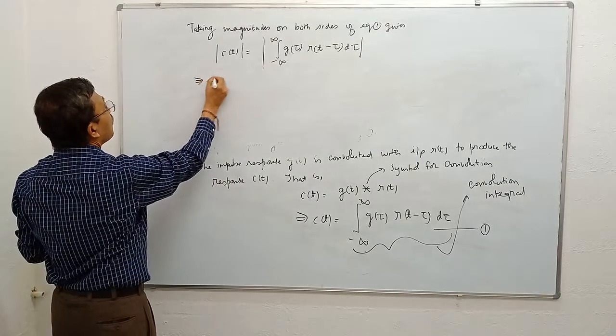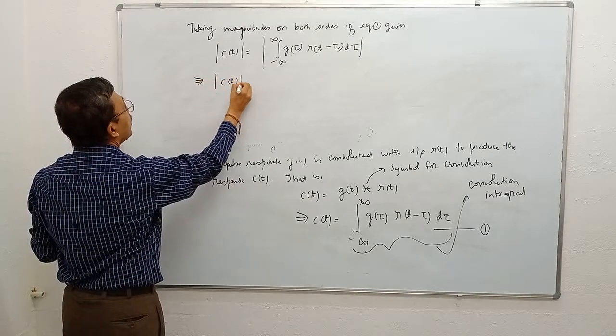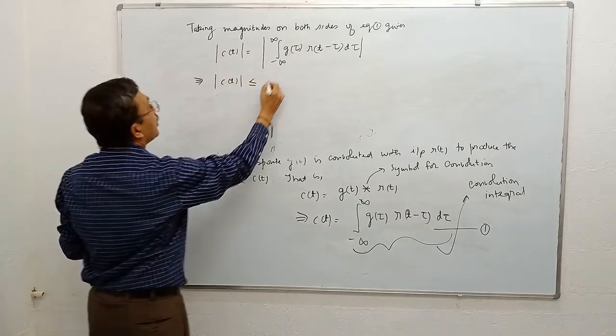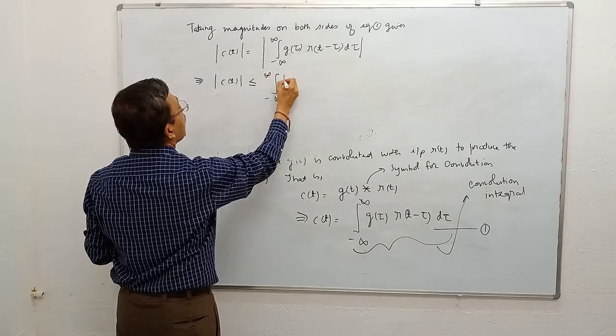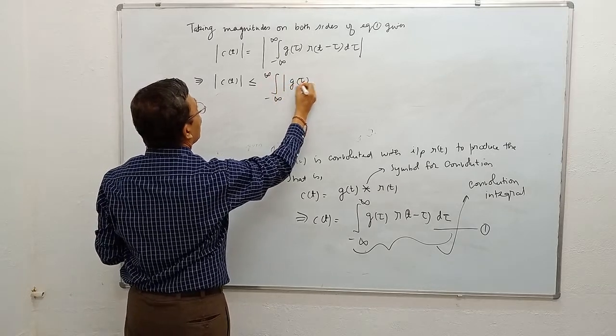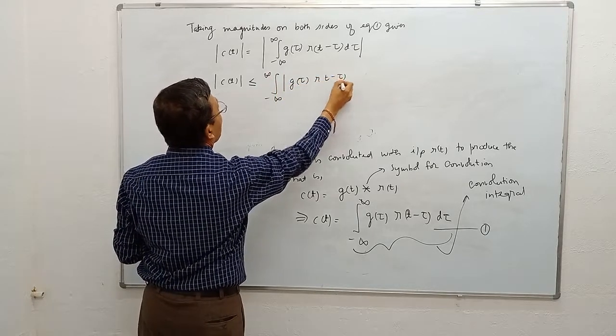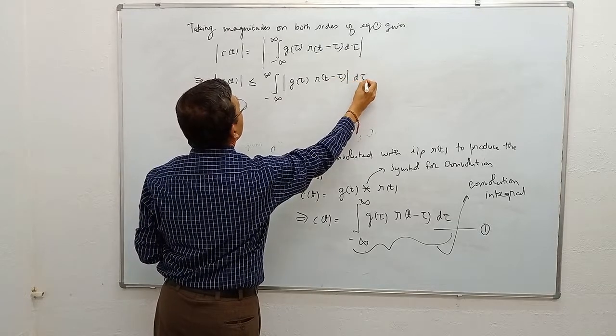This implies magnitude of c of t is less than or equal to integration from minus infinity to plus infinity modulus of g of tau into r of t minus tau d tau.